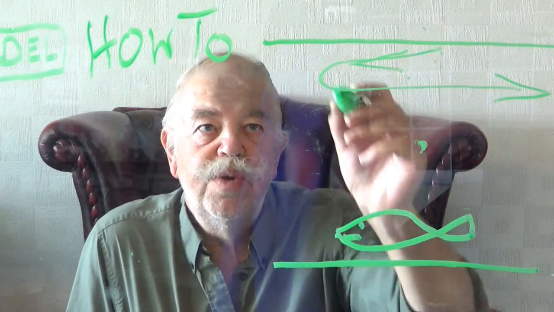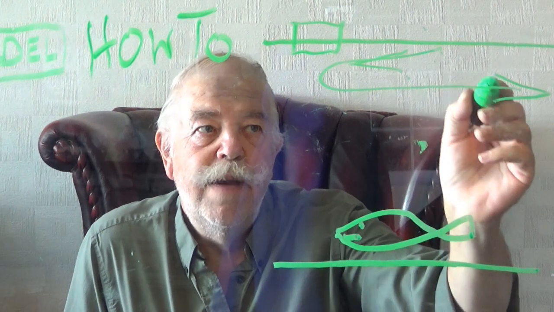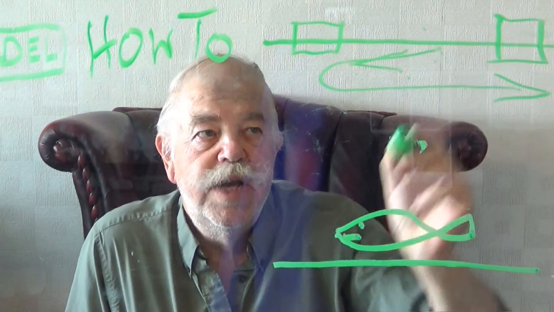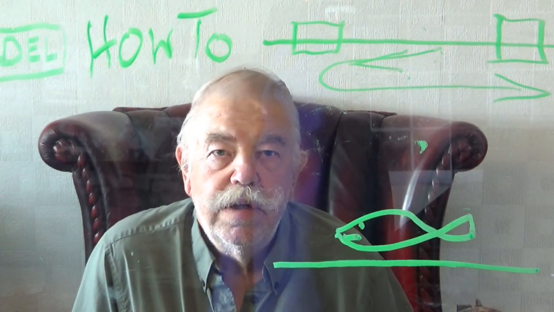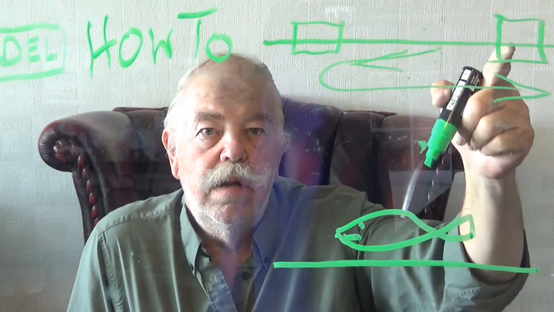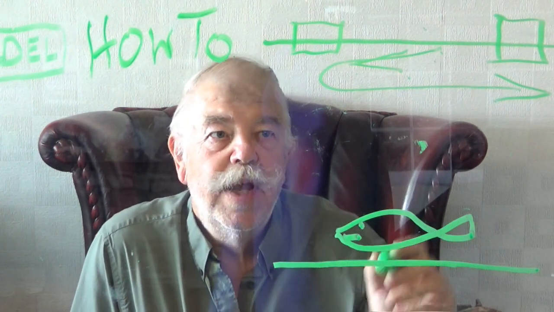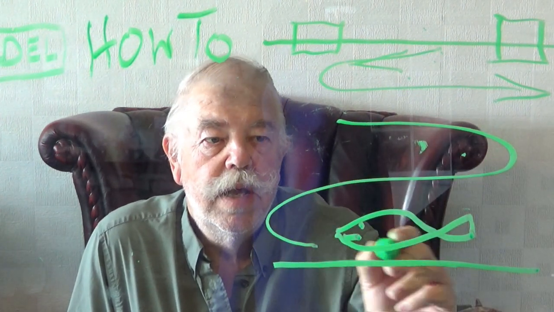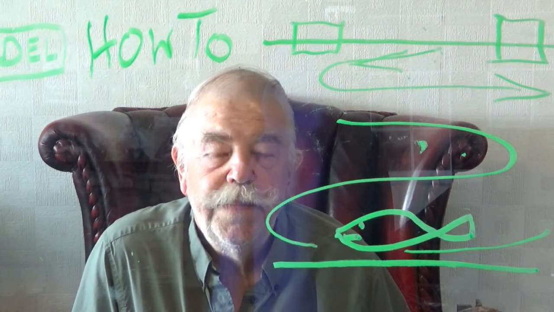You may cast to a spot and in no time you find your bait has been pulled by the surface drift to a point you're no longer happy, and at various depths you get varying current movement.